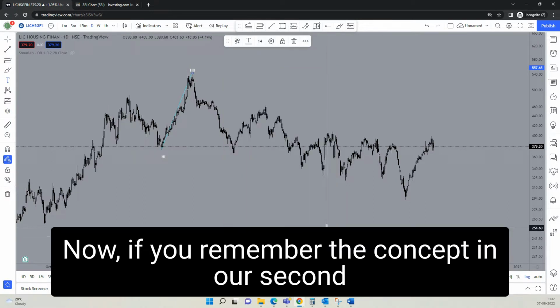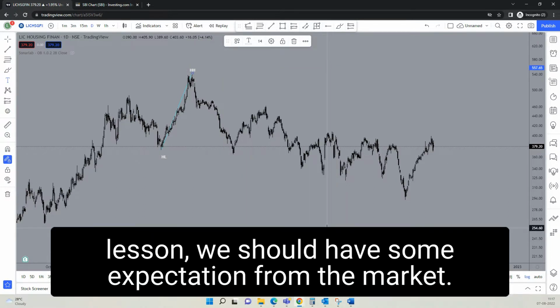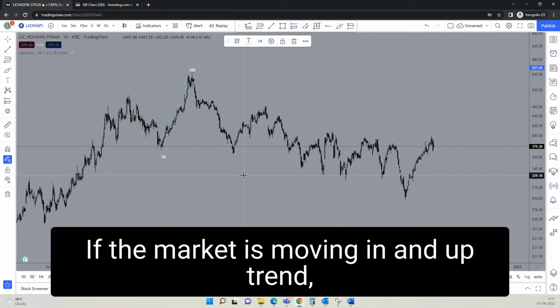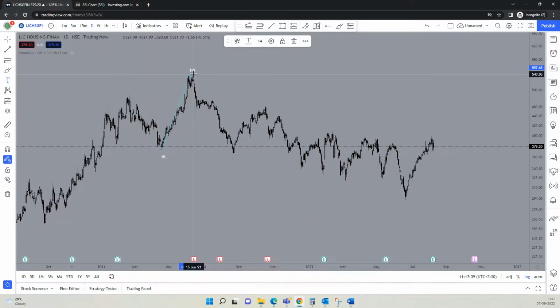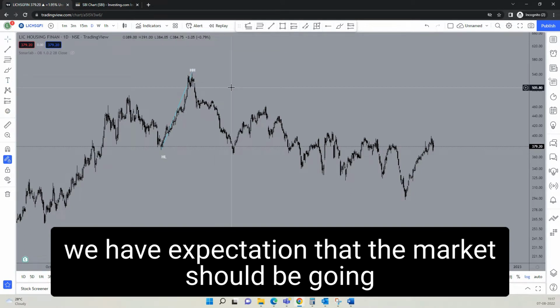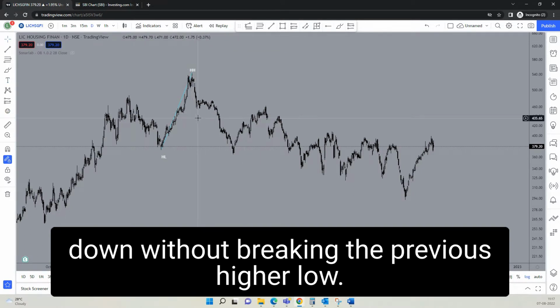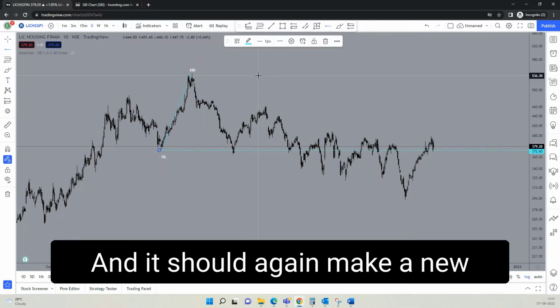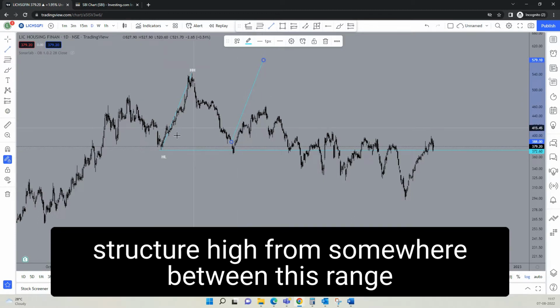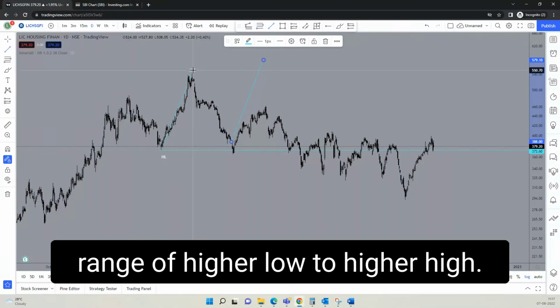Now, if you remember the concept in our second lesson, we should have some expectation from the market. If the market is moving in an uptrend, we expect that the market should go down without breaking the previous higher low, and it should again make a new structure high from somewhere in this range, a range of higher low to higher high.